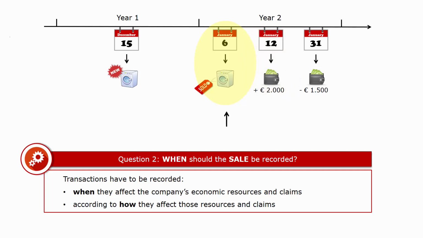When a customer receives a washing machine, it's no longer available as a company resource, and the customer owes the company the sales price. Economically, the transaction takes place at the moment when the customer agrees to buy the washing machine.